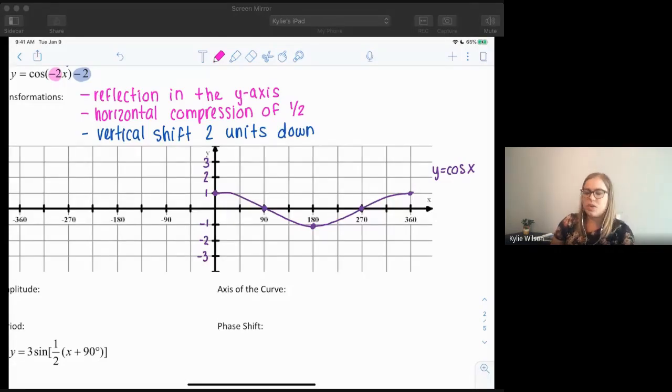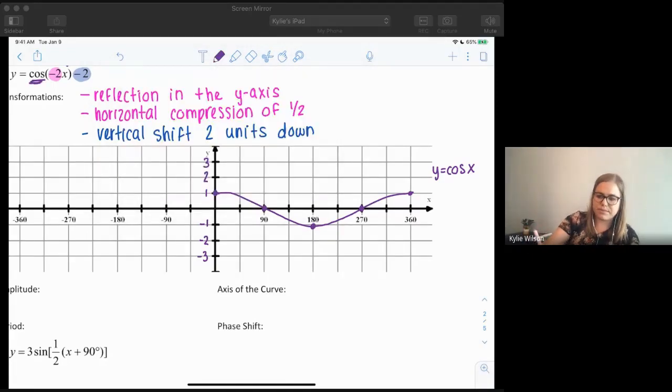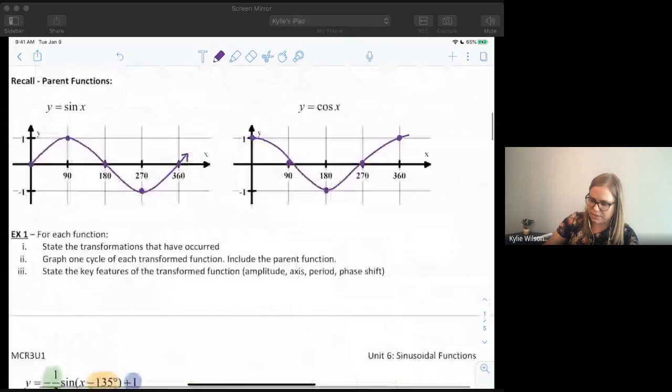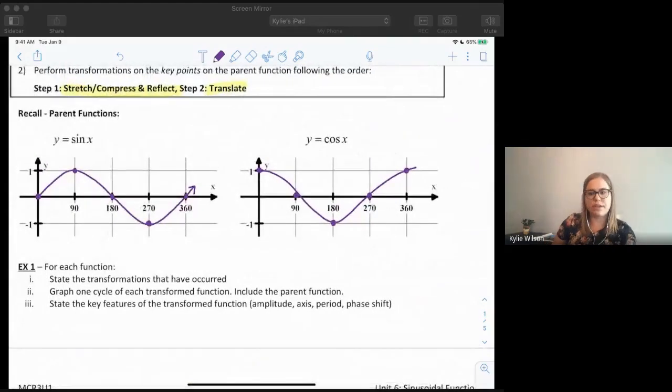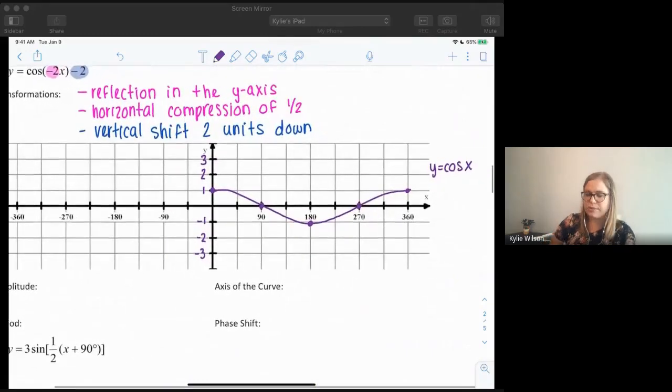For all of these questions, we only have 2 parent functions, and they're either cosine or sine. So from above here, I have my 2 parent functions. These are the ones that you need to know, sine x and cosine x. As long as you know those 2, those will be your 2 starting ones. Those will be our 2 parent functions no matter what for all of these.